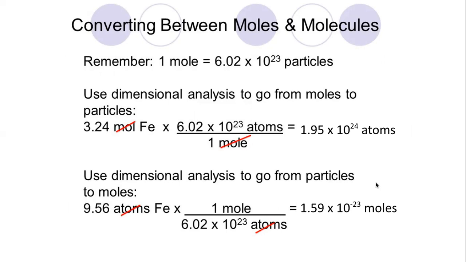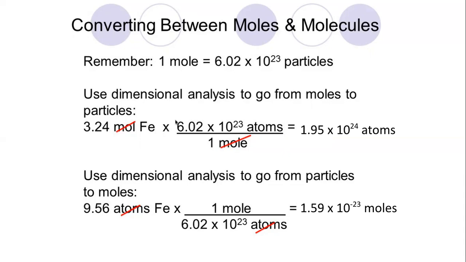And what we're going to do is use some kind of dimensional analysis to try to understand how we convert between moles and atoms. So let's say, for an example, you get a question that tells you you have 3.24 moles of iron. Well, we want to know how many atoms are there. So we're going to set up this conversion factor.